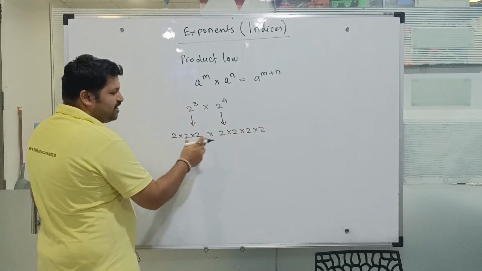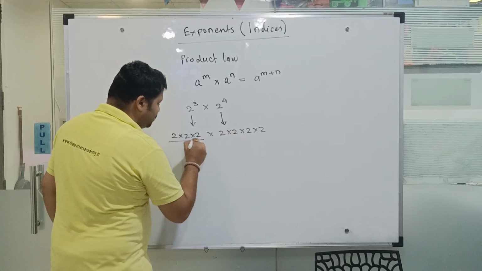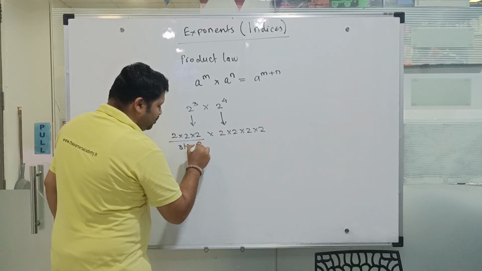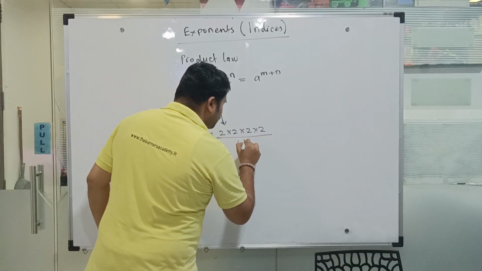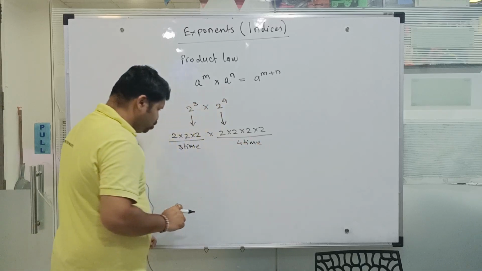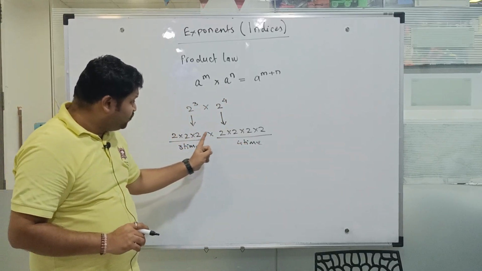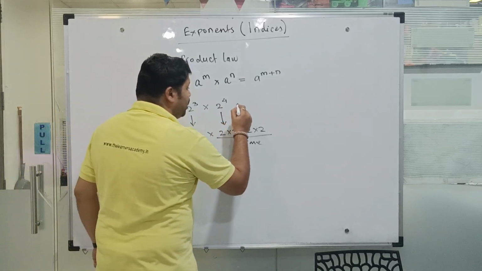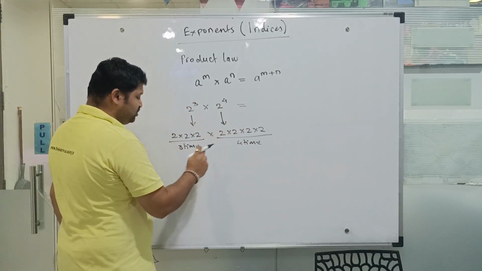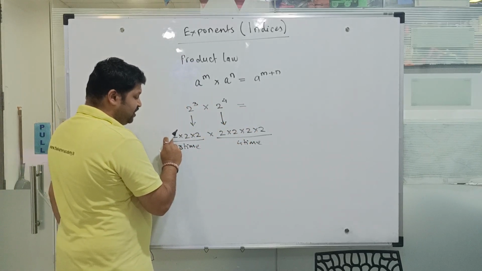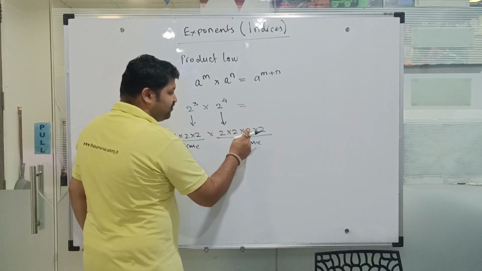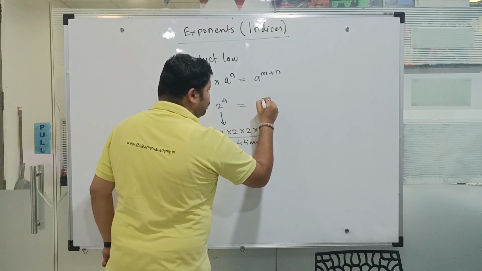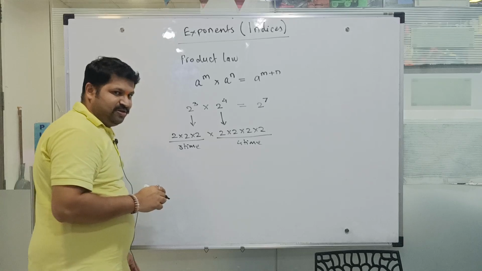So this is written 3 times and this is written 4 times. If we have to write the index of both of them, then we have to count how many times 2 is repeated. So effectively it is repeated 1, 2, 3, 4, 5, 6 and 7 times. So it would be 2 to the power of 7.